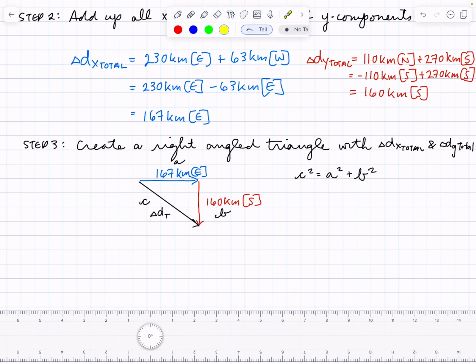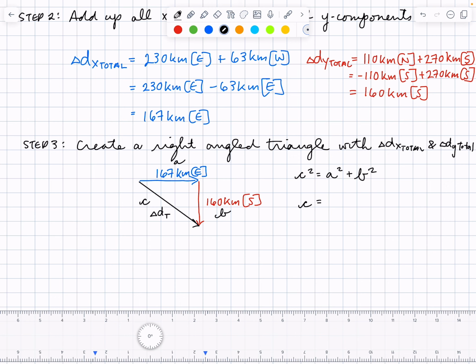And just so you know, Pythagorean theorem is really the cosine law. But in the cosine law, if you were to put in 90 degrees, the cos of 90 degrees is 0. So this whole term would cancel out, and we end up with a simplified Pythagorean theorem.